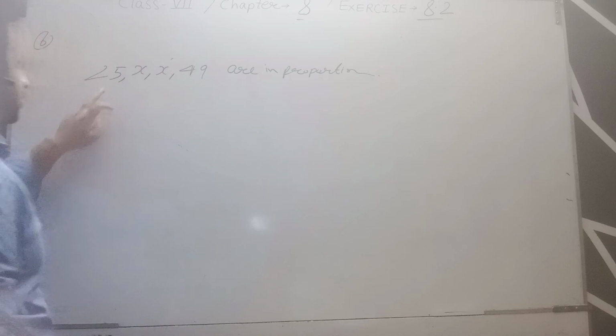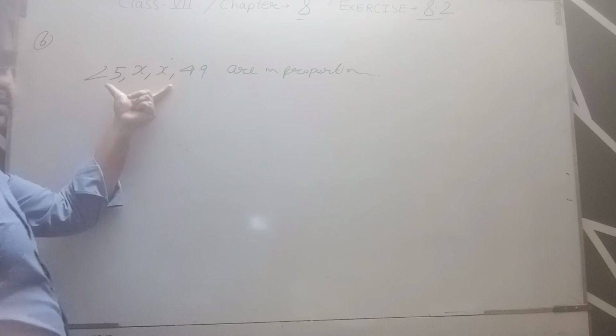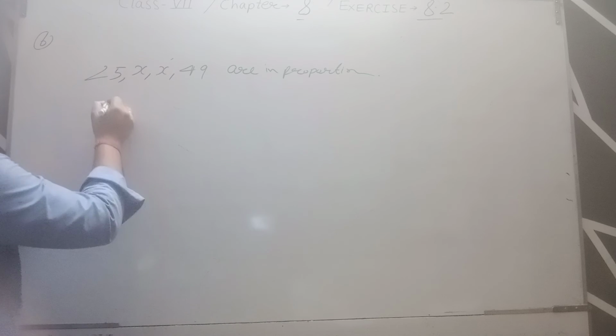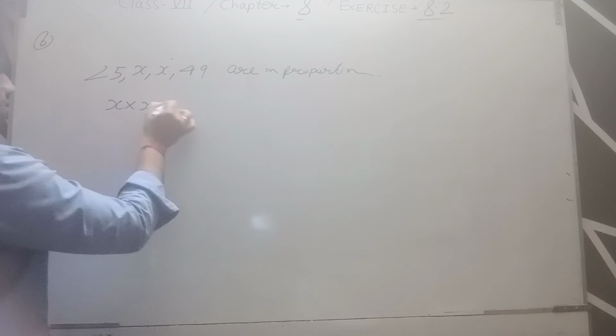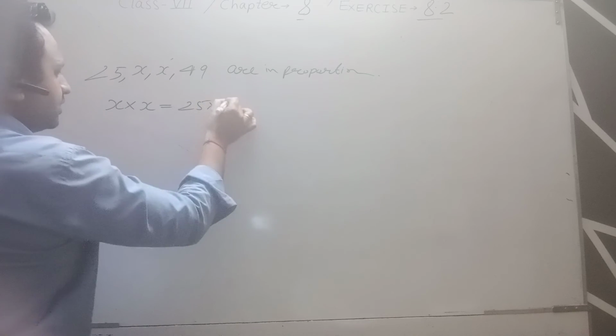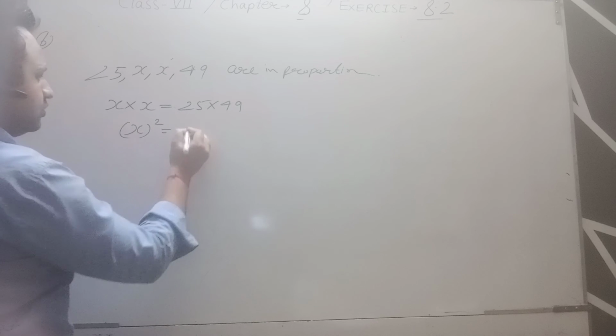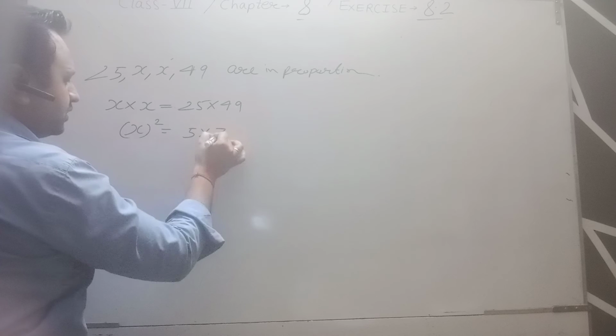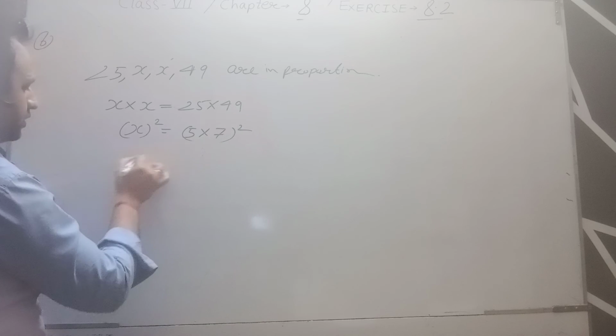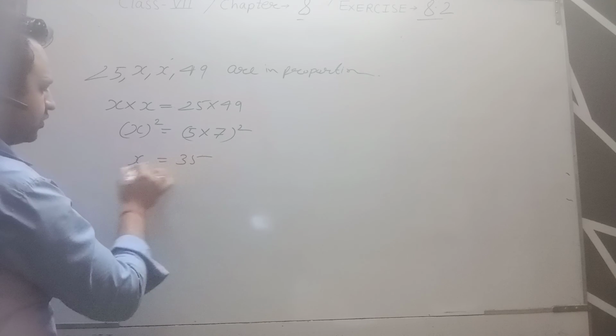So product of means and product of extremes are equal. So x multiply x is equal to 25 multiply 49. So x square is equal to (5 multiply 7) whole square. So simply x equal to 35.